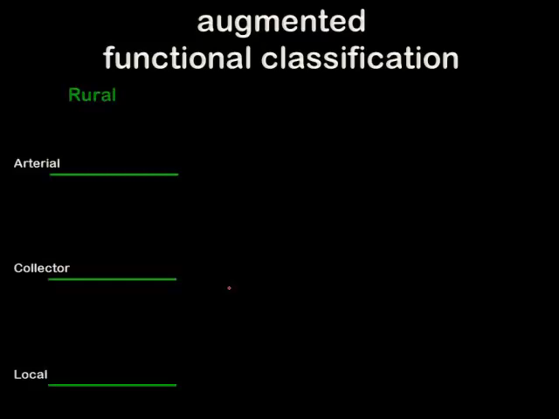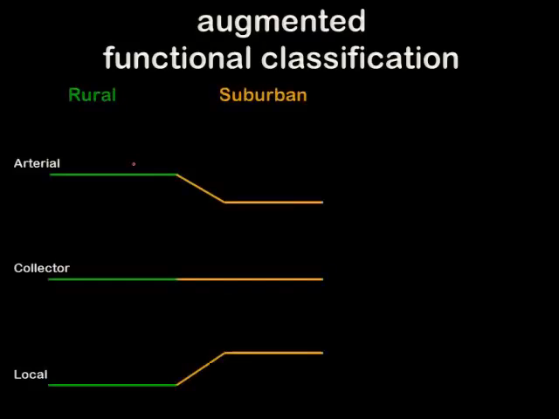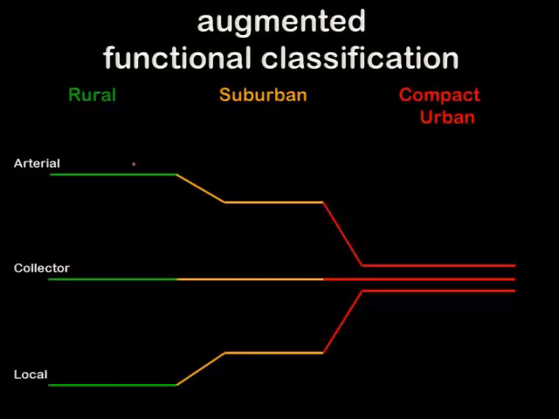But right now, the characteristics of arterials, collectors, and locals in the rural area are dramatically different. And in the suburban, once you cross that boundary, the suburban pattern gets them to be more like each other, all right? They begin to look the same and perform the same. And our proposal is to bifurcate that urbanized area into suburban and compact urban.